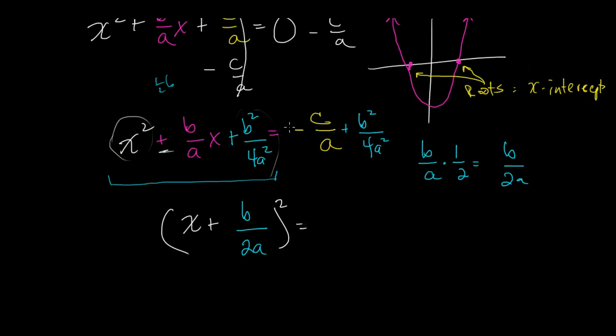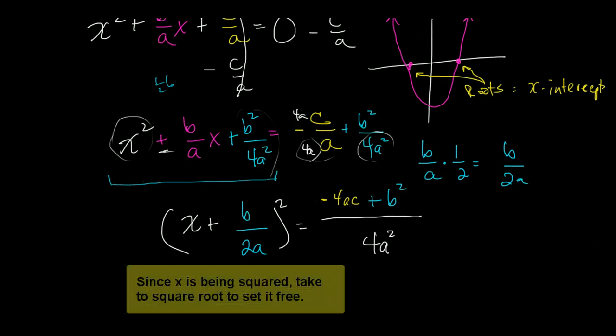And we'll set that equal to, let's see if we can clean this up a little bit. We'll need to make a common denominator so we can put it all over one denominator. And 4a squared is going to be our common denominator, so we'll have to multiply numerator and denominator here by 4a. So the common denominator is 4a squared, and that'll be negative 4ac plus the b squared, all over 4a squared.